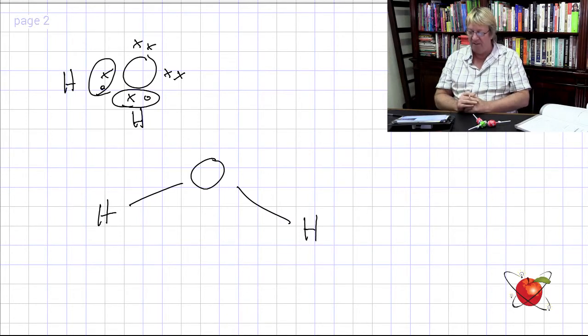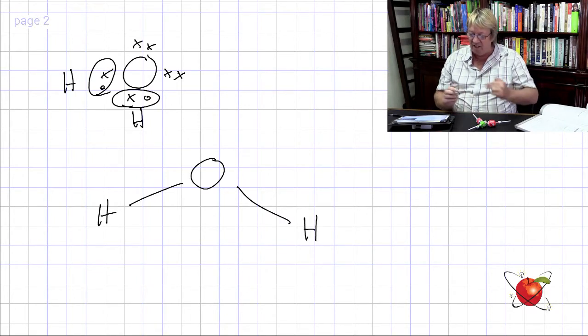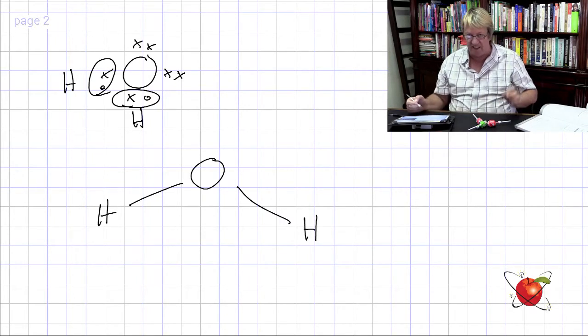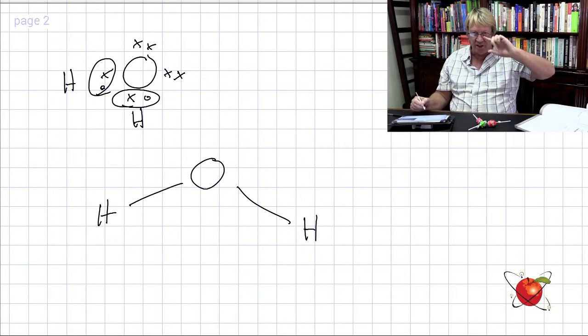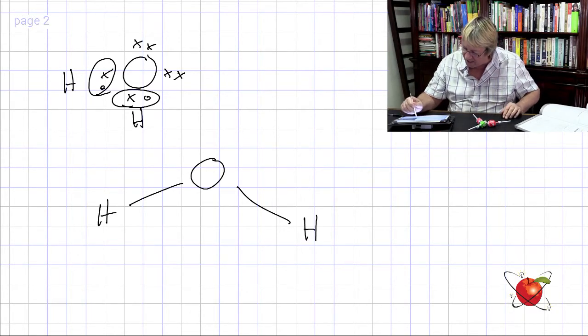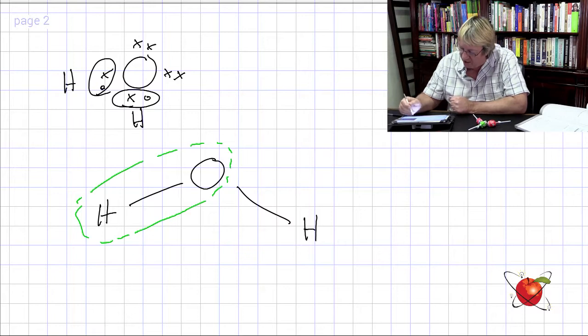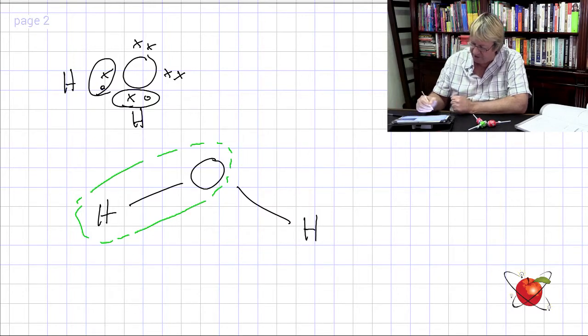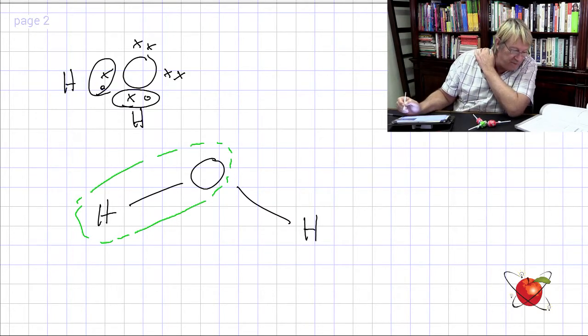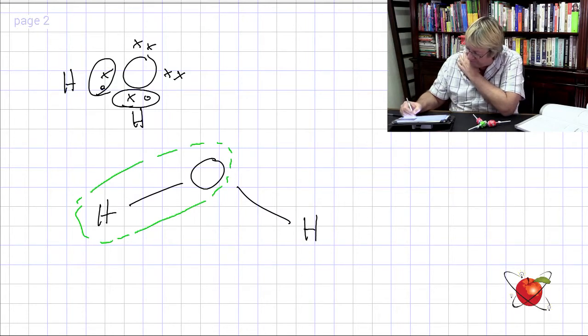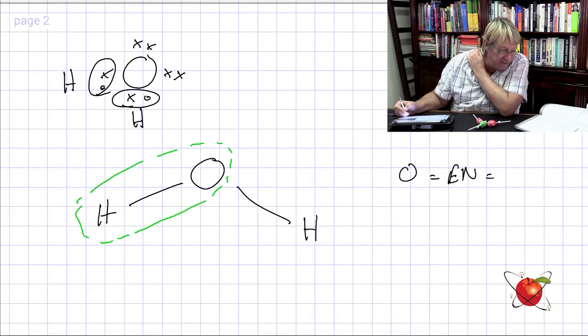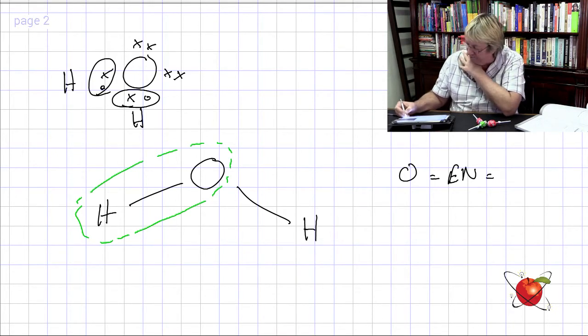Now let's have a look at the electronegativities, but we only look at it on a side. So we take that loop there first, and look at the electronegativity differences of this. We say that oxygen has an electronegativity of 3.5, I think it is. Yes.